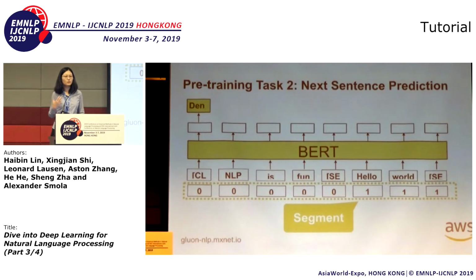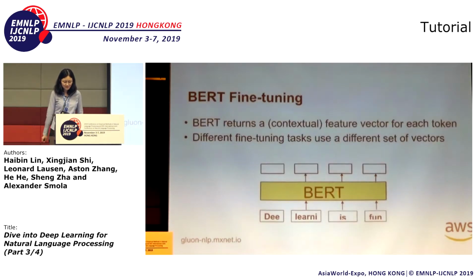Once we have this pre-trained BERT model, we can give it sentences, and it will produce contextual word embeddings at each position in the sentence. Then we can use this as the initialization and fine-tune the BERT model to adapt to any other downstream tasks.